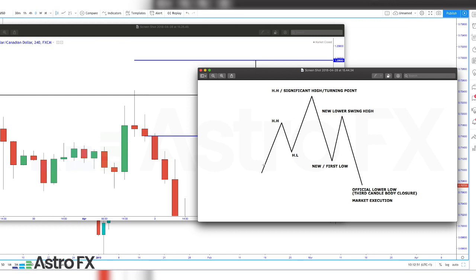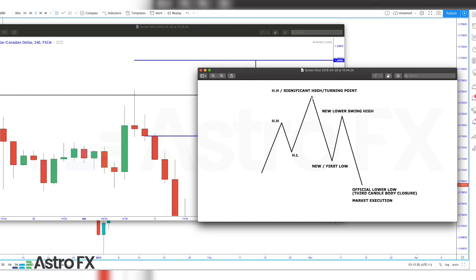So the market pushes up, makes a new, let's say, higher high in whichever formation, or a new significant high. That's the wick. Where the market closes, the body makes a higher low. Then the market thrusts all the way up into the higher high, significant high / turning point, which is the middle wick. So that's the left wick, middle wick, and then this is the 3rd wick here.